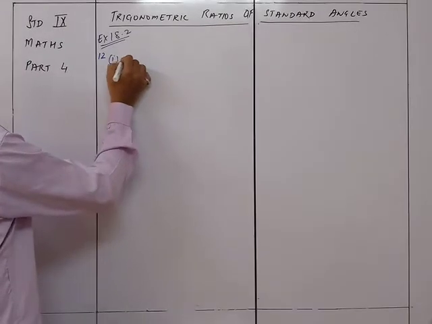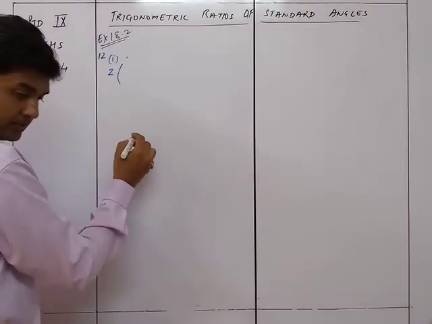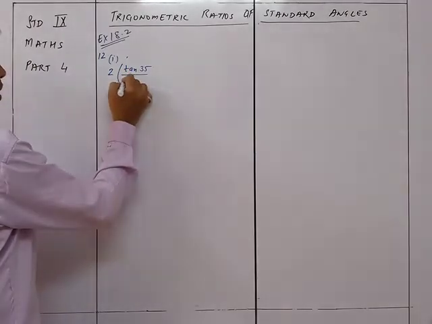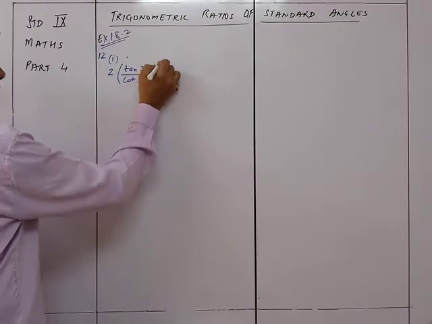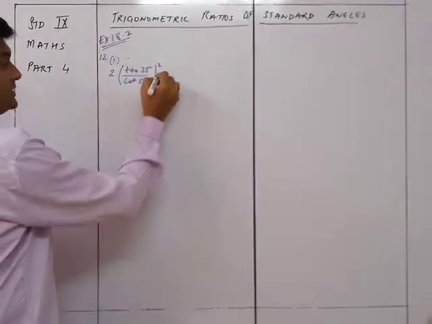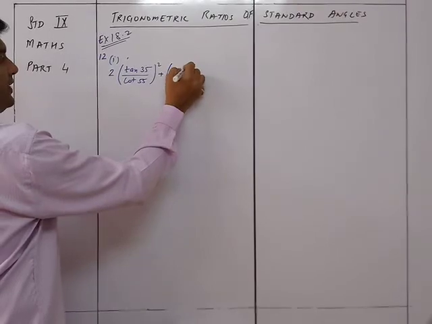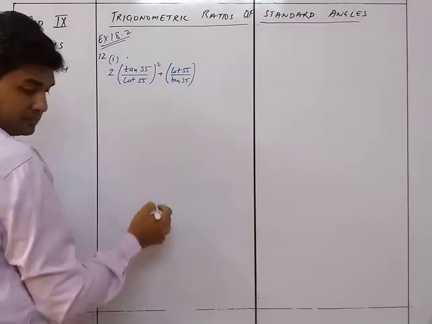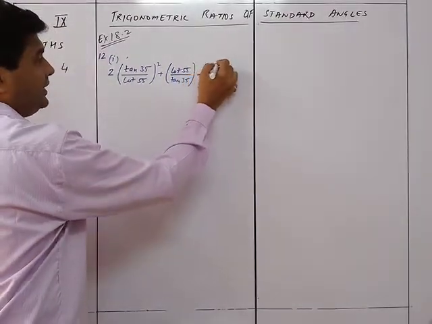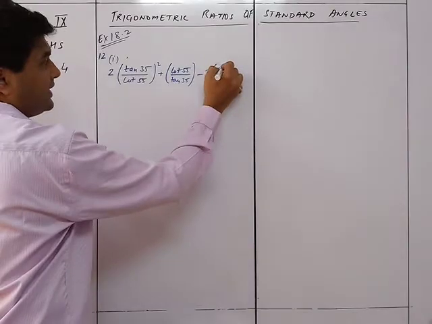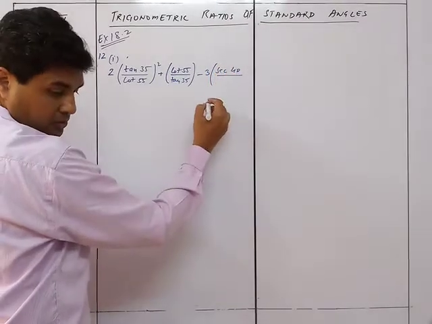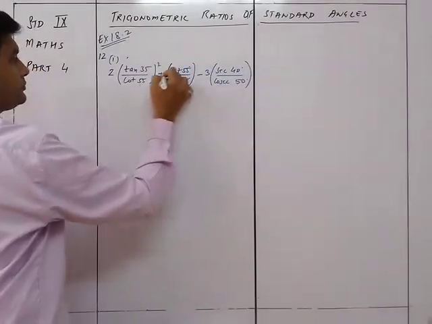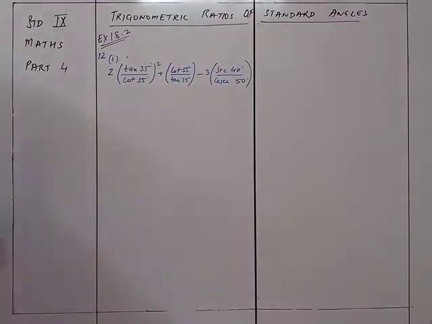It is 2 tan 35 upon cot 55 the whole square plus cot 55 upon tan 35 minus 3 into sec 40 upon cosec 50. We need to find the value of this thing.